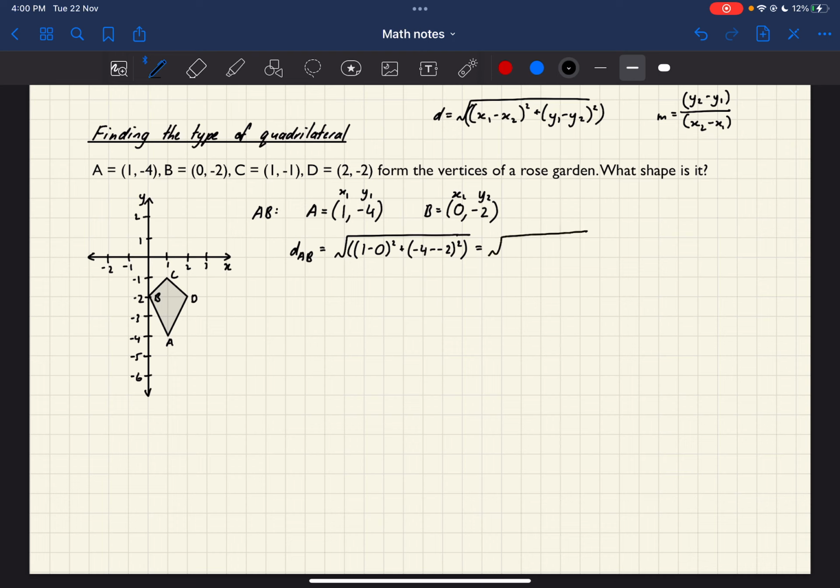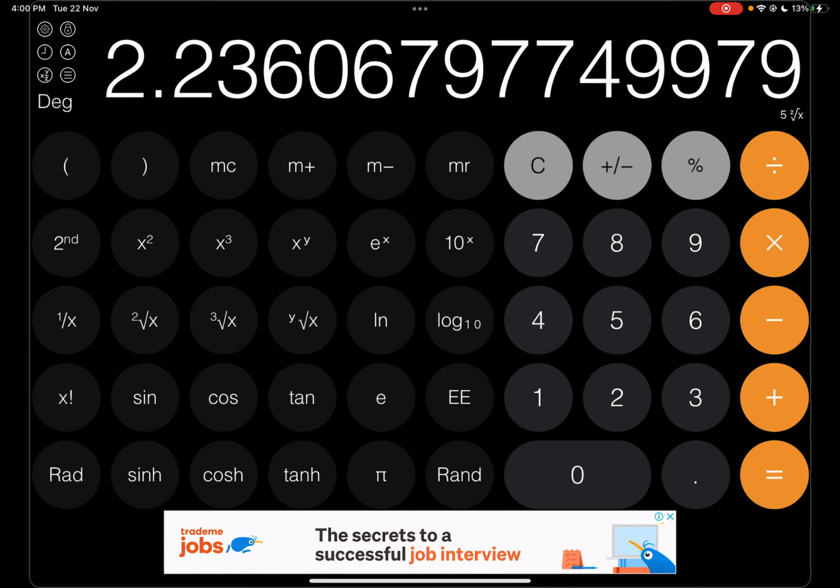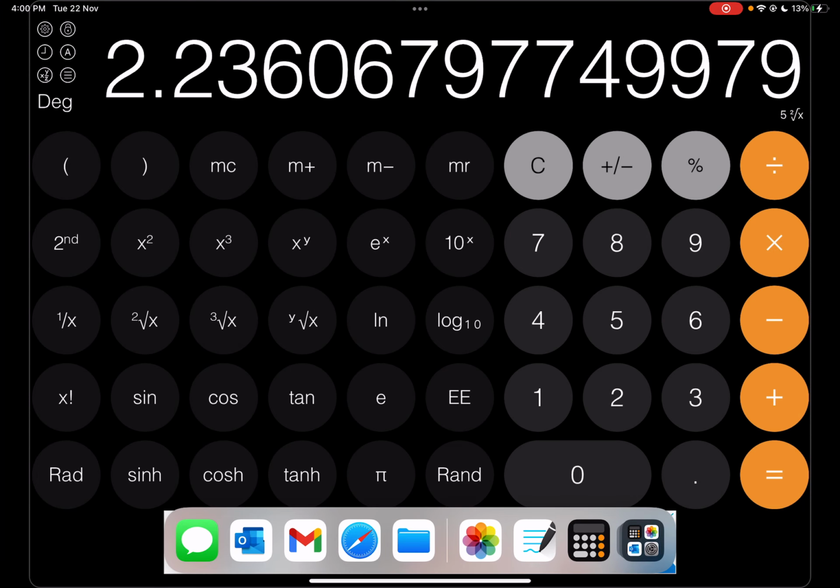Then we start simplifying. 1 minus 0 is 1, -4 minus -2 is -2, 1 squared is 1, -2 squared is 4, 1 plus 4 makes 5, square root of 5 is 2.24.